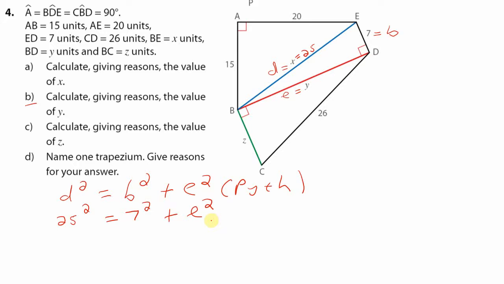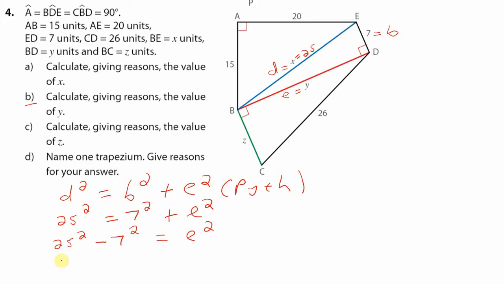Now our strategy is we need to swim across the river so that all the numbers are together, all the variables are together. So we have 25 squared, the 7 squared, swim across the river, the sign changed now to negative 7 squared, and that is equal to e squared.